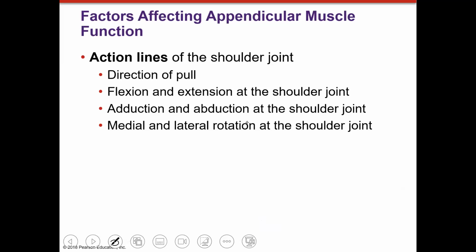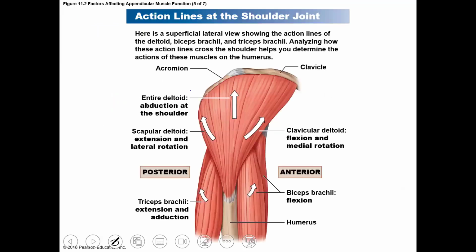Action lines of the shoulder joint. Direction of pull: flexion, extension at the shoulder joint, abduction and adduction. Bringing in is adduction; abduction is away from the midline. Medial and lateral rotation of the shoulder joint. You can see these action lines here.